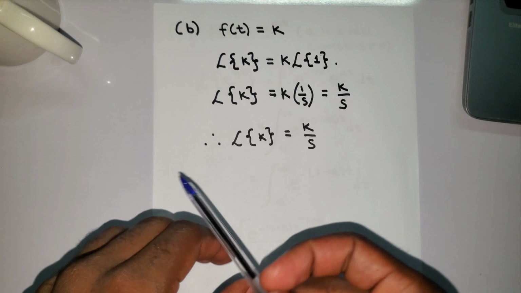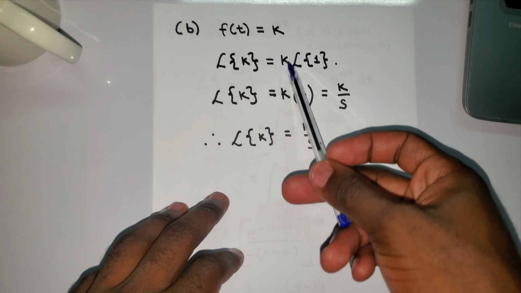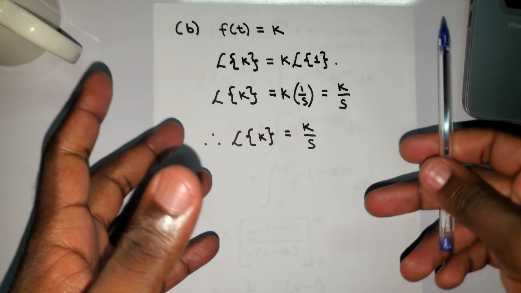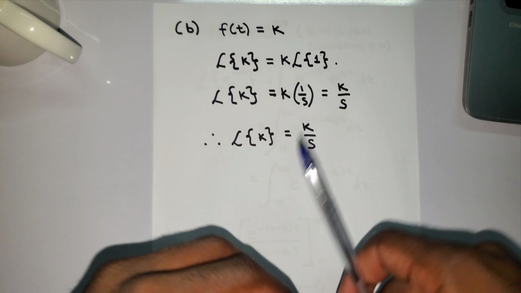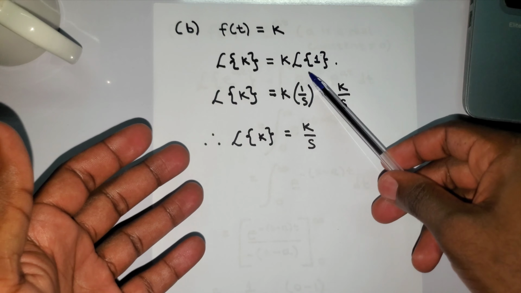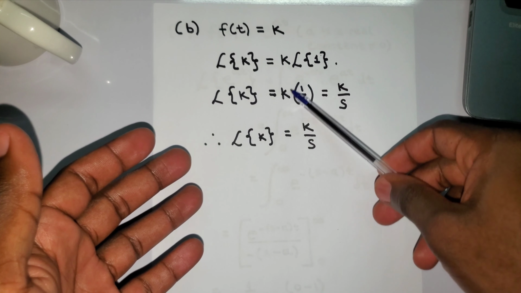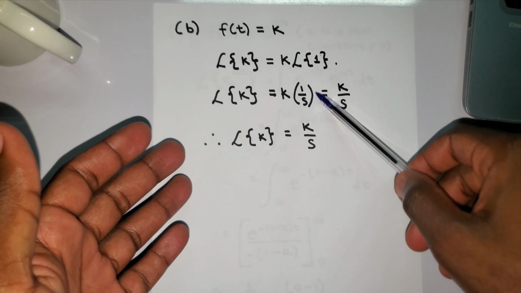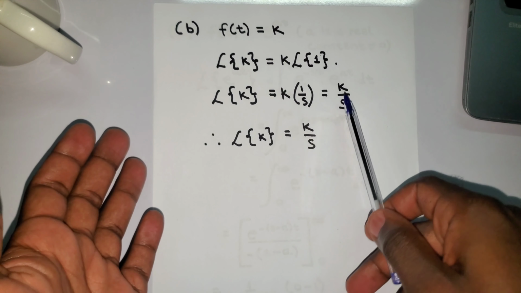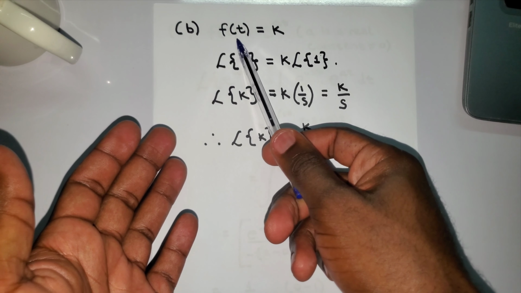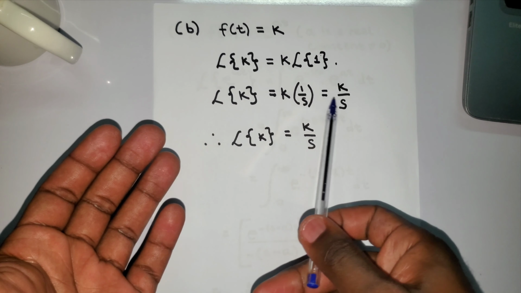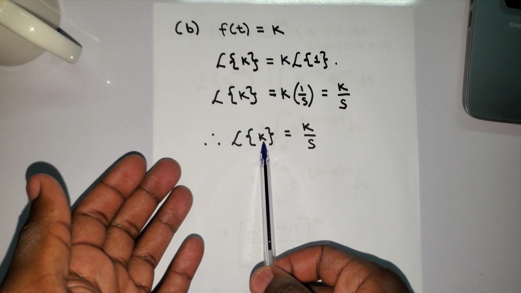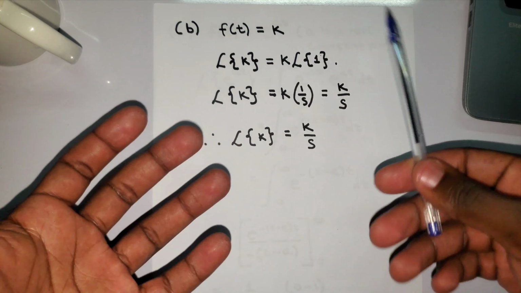You recognize this part here as the Laplace transform of the function f of t is equal to 1, so you can simply plug in the Laplace transform of this function, and you end up with the Laplace transform of f of t is equal to k being k over s. Therefore the Laplace transform of a constant is equal to the constant over s.